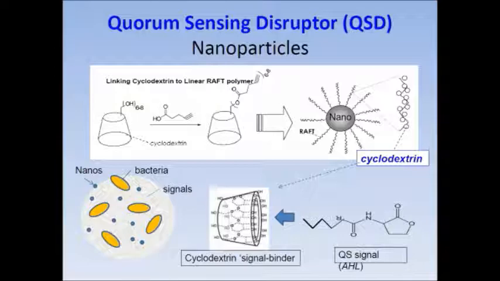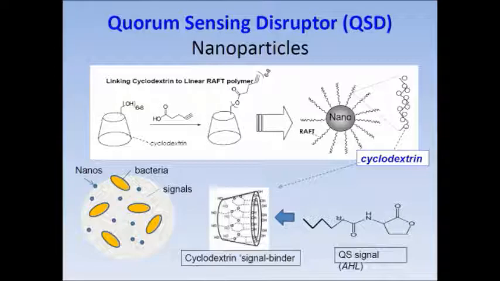And these can be synthesized in different sizes. And then we attach what are called cyclodextrins, shown in the bottom center, which are round, kind of donut-shaped molecules with a hydrophobic core. And these bind AHL molecules, shown on the right, which are signals, very well.